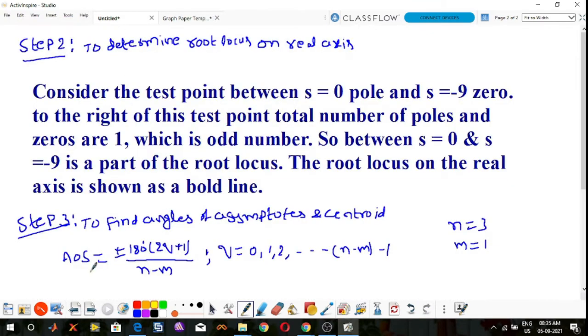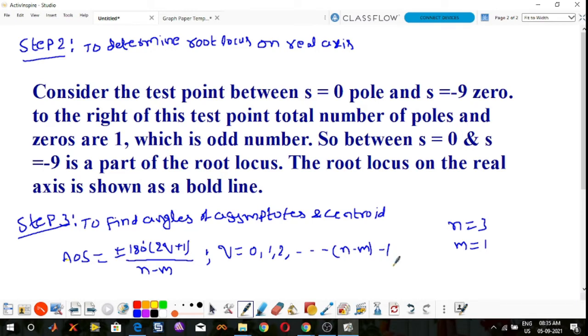Next, step number 3: determine the angles of asymptotes and the centroid. We know that the expression for the angles of asymptotes is plus or minus 180 degrees into 2q plus 1 by n minus m, where q is equal to 0, 1, 2, 3 and so on up to n minus m minus 1.